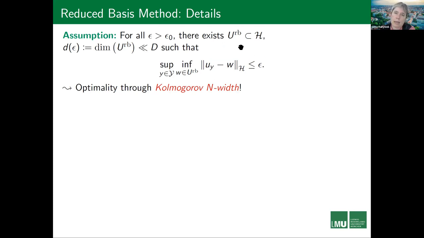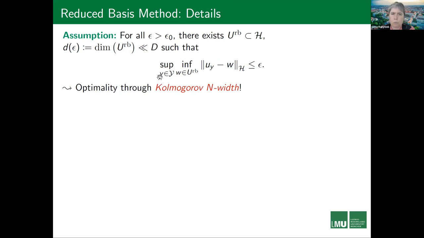Now I go again a space down. I take a reduced basis space where the dimension is much smaller than capital D, which was my dimension for my high fidelity discretization. So this is now a really tiny space, and I call this dimension d of epsilon. What I would like is that the solution can be very well approximated by this space.